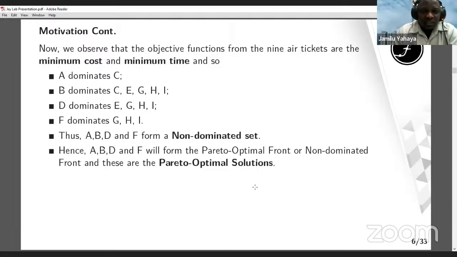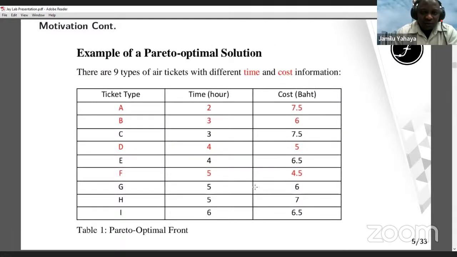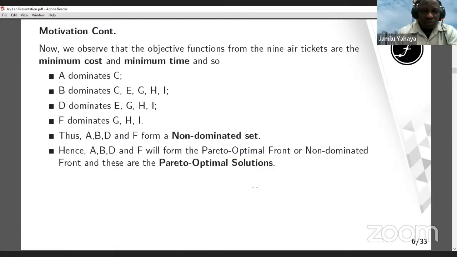So if you look at it, in just a case of 9 objective functions, we end up having a solution of about how many? That is about a minimum of 1, 2, 3, 4. That is 4 minimum. So therefore, this shows that whenever you are dealing with vector optimization, you are dealing with a problem that involves several objective functions, and the solution may not be a single solution.